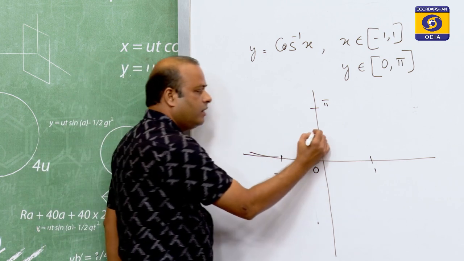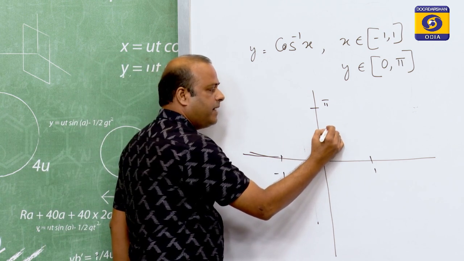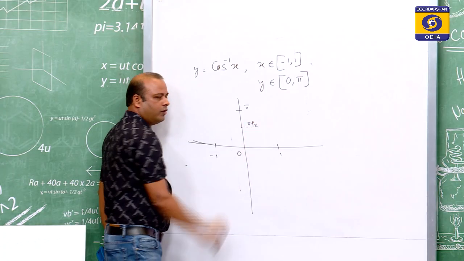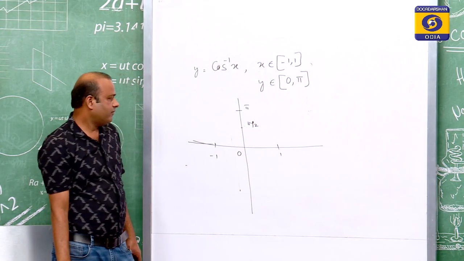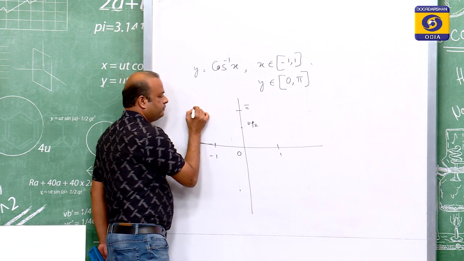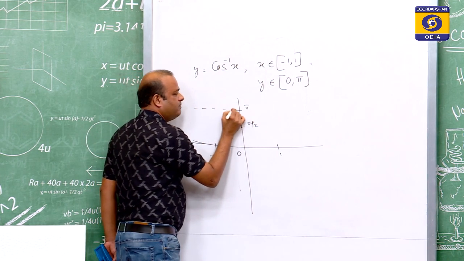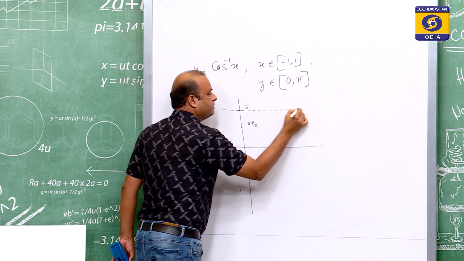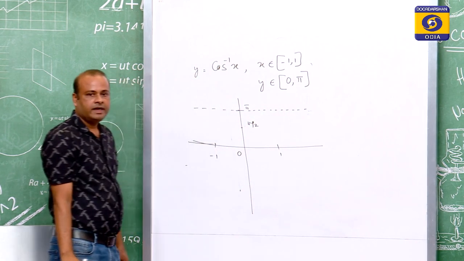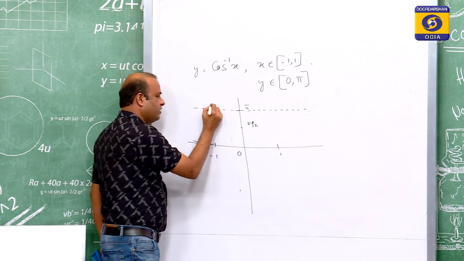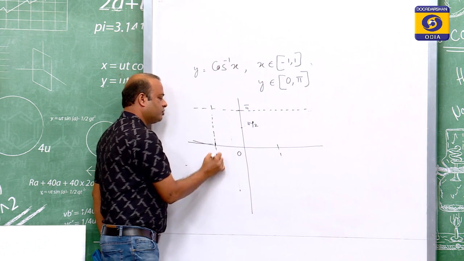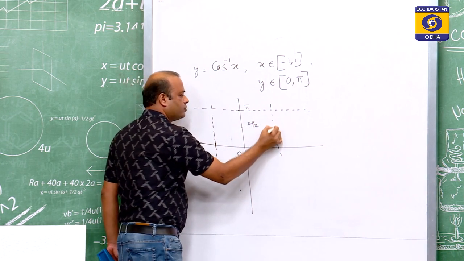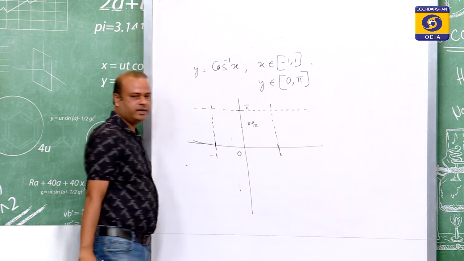So, here there is pi by 2, suppose I draw a line passing through pi by 2, and there is restriction here from minus 1 to plus 1, right.